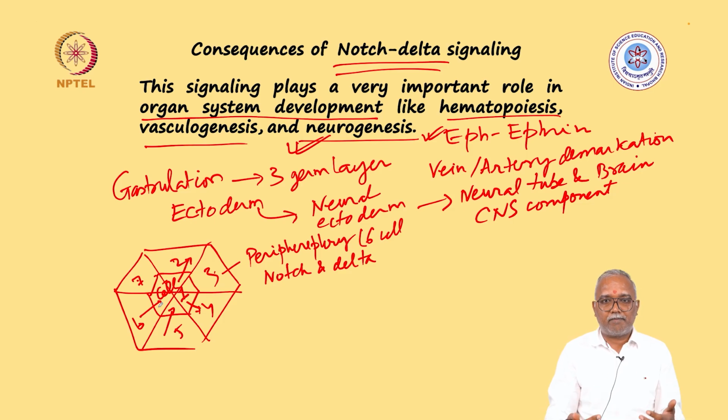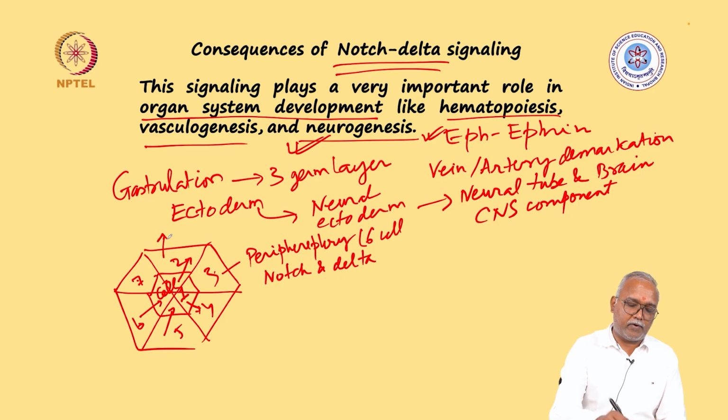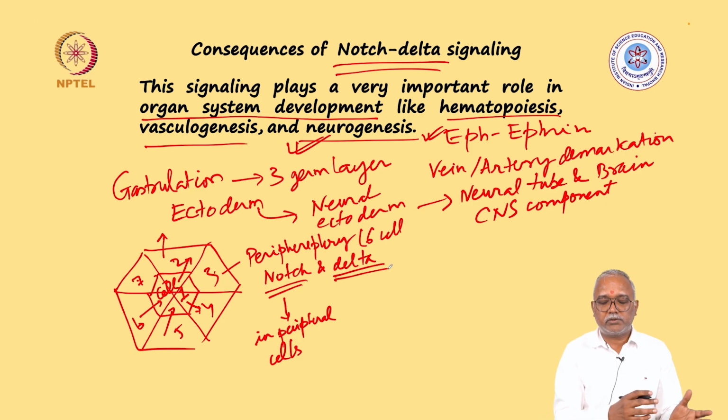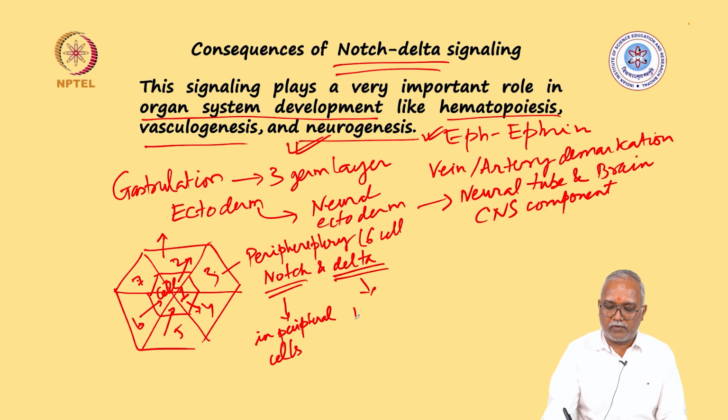But as development progresses, there is a change in the expression level, and the cells on the periphery start to express more of Notch in the peripheral cells. And the cell in the center switches to express more of Delta.